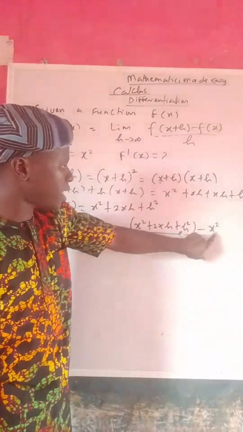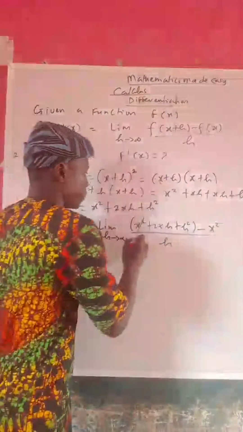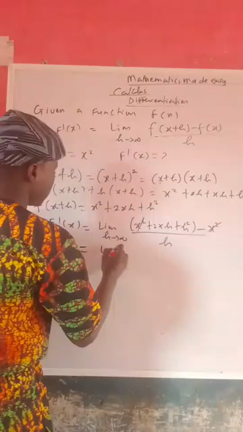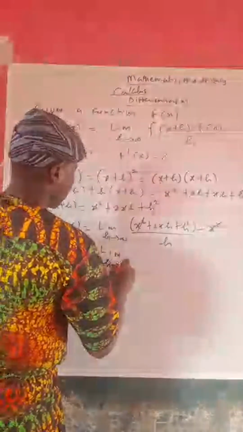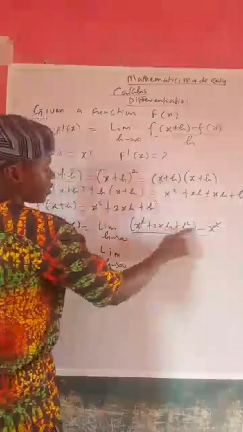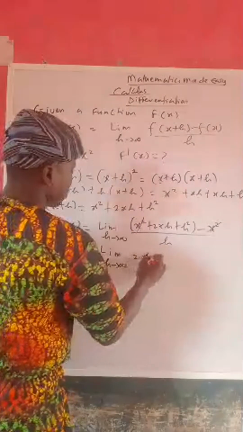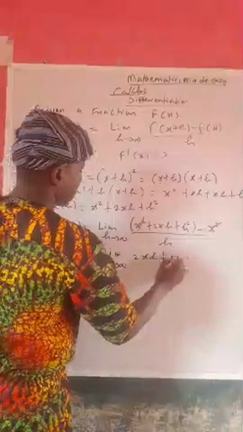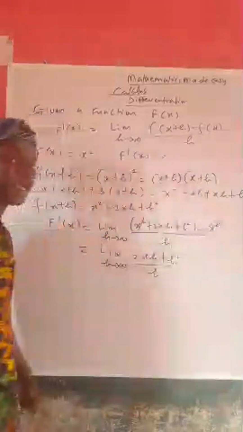So x squared minus x squared gives us 0. So what is the limit as h tends to infinity of 2xh plus h to the second power, then everything over h.